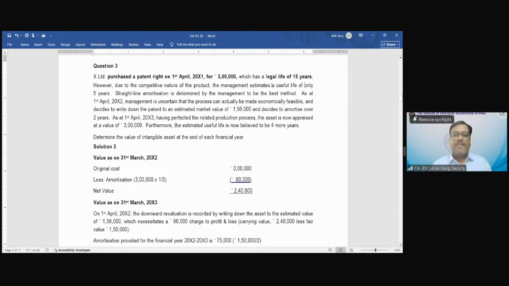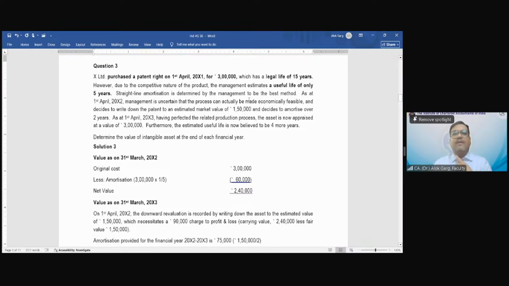However, due to the competitive nature of the product, management estimates a useful life of only 5 years. Can the life be shorter than the contractual or legal life? Yes. Management believes they will get the benefit only for the next 5 years.